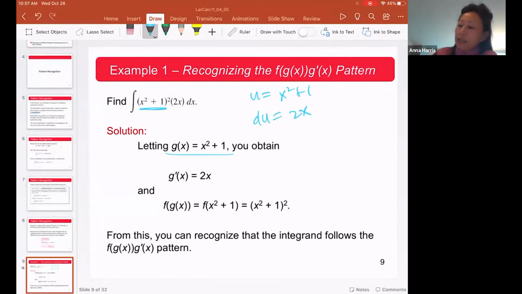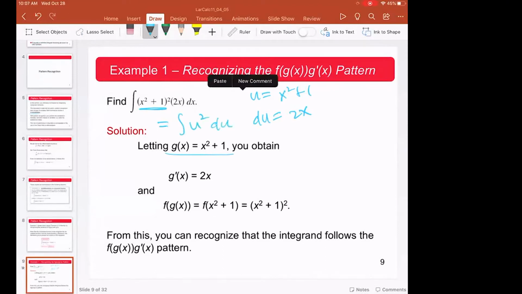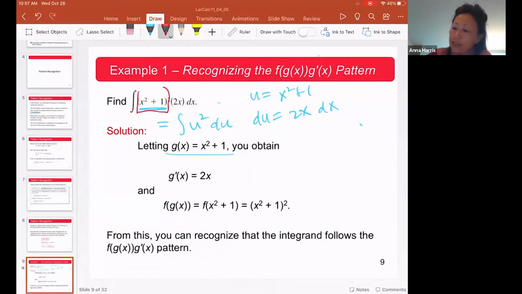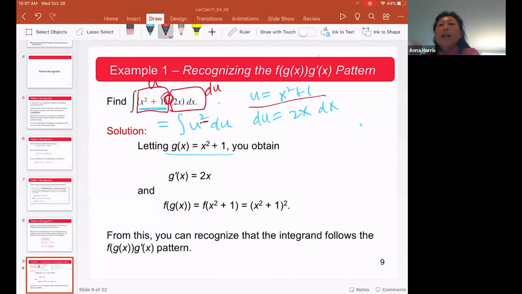So we can rewrite this problem as u squared du, because this is called pattern recognition. You can see this is your u, and over here is your du. That's why you have the power of 2: you put u squared and du.